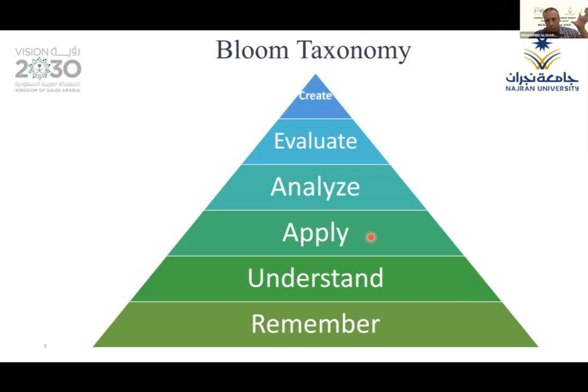We give our students the basic information that helps them in computer science. However, when we go to the middle courses, it should be around apply and analyze. But when we go to the last level courses, it should be the upper levels. This is a very important concept when we design our learning outcomes, especially the course learning outcomes.